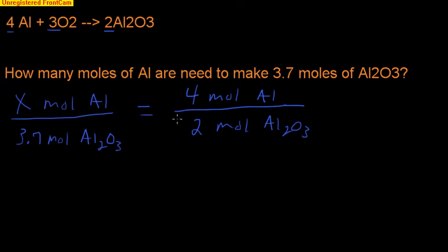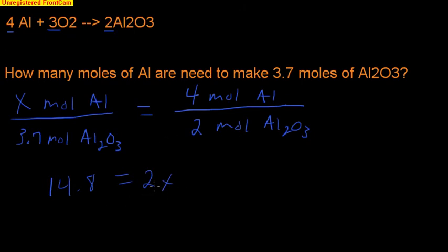So 3.7 times 4 is going to give us 14.8. I'm just multiplying these two. Then I'm going to take 2 times x, which is equal to 2x.